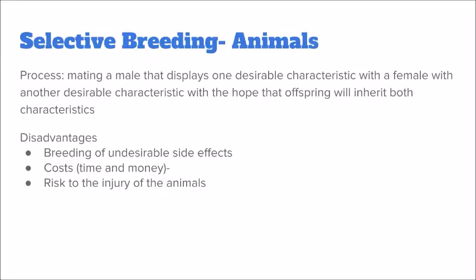It costs both time and money for this process to occur, not only to artificially inseminate, but also by transporting organisms. And with selective breeding, so allowing the animals to mate, can sometimes cause risk to the animals.